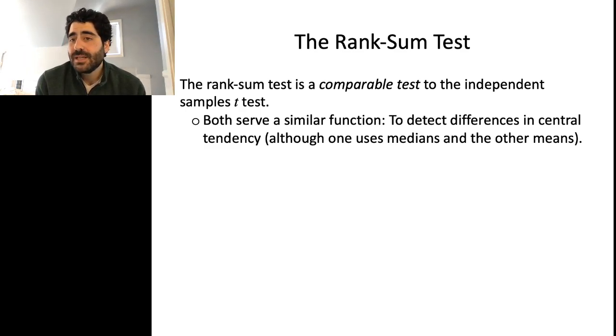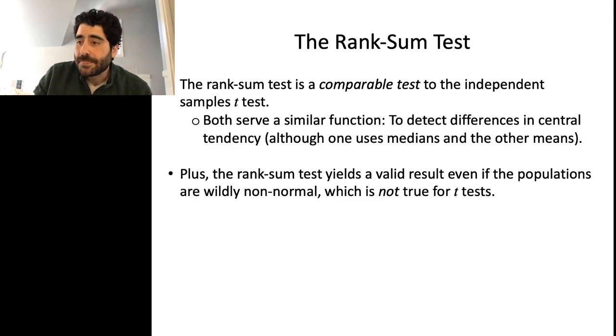And so, if we have ordinal data, for example, then we would have to use this. Even if we have scale data, we might choose to use this if we think that our data doesn't satisfy the assumptions for the t-test. And so the nice thing here is that this test doesn't make any assumptions about what the population distribution of the actual measurements looks like, right?